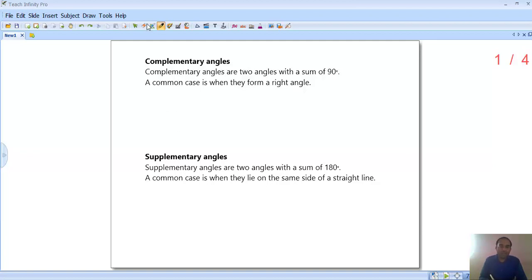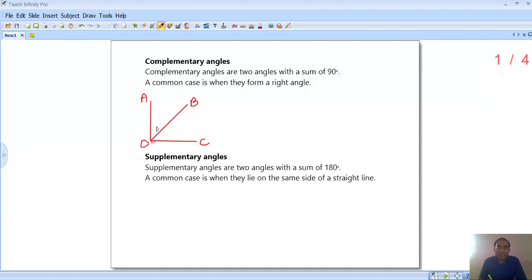Let's suppose I am going to share one figure with you. Now let me give the names A, B, C, O. Now you can see this is a 90 degree angle and it has been divided into two parts, AOB and BOC.